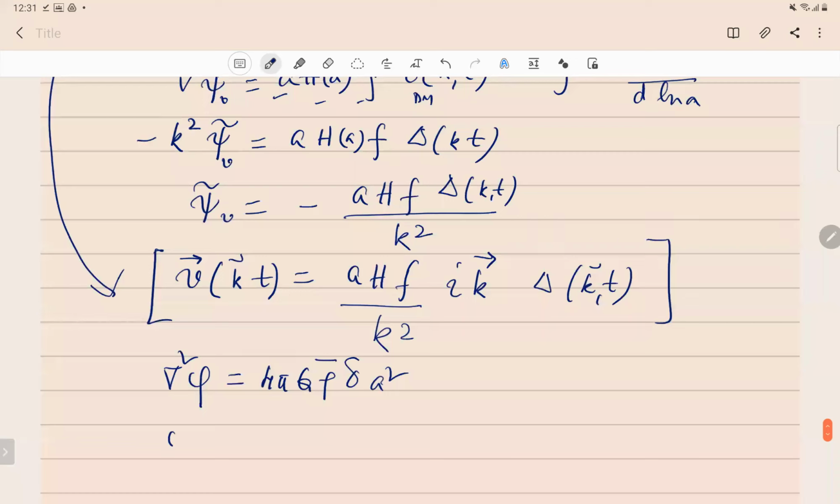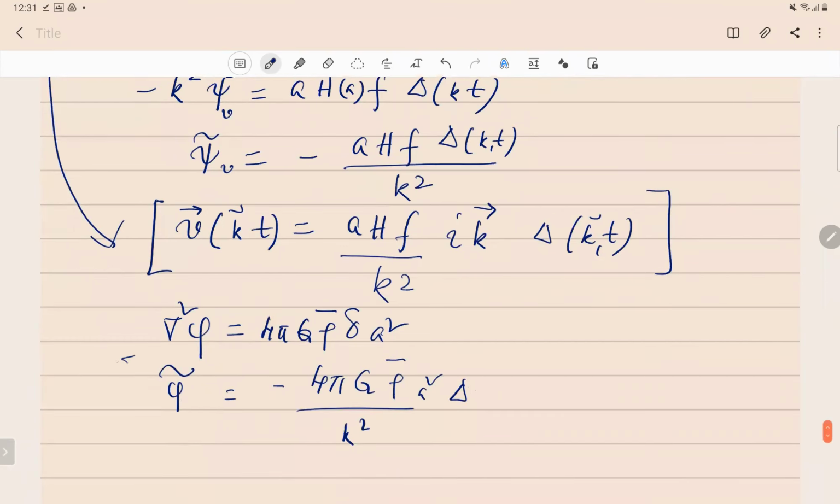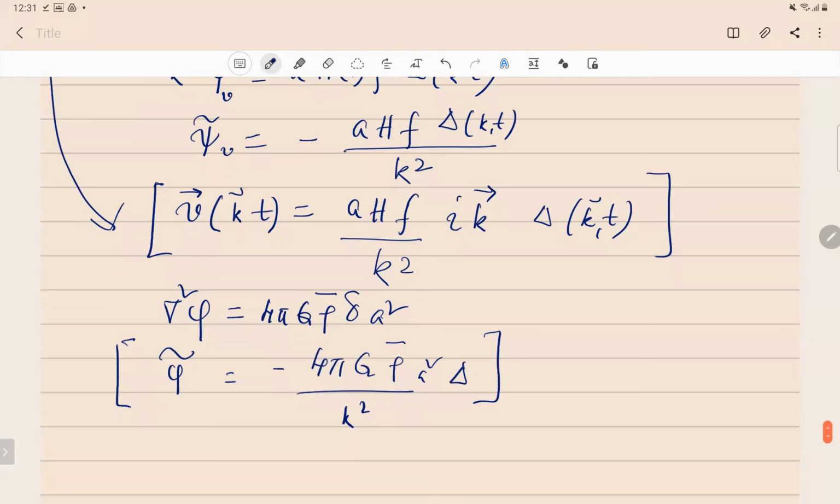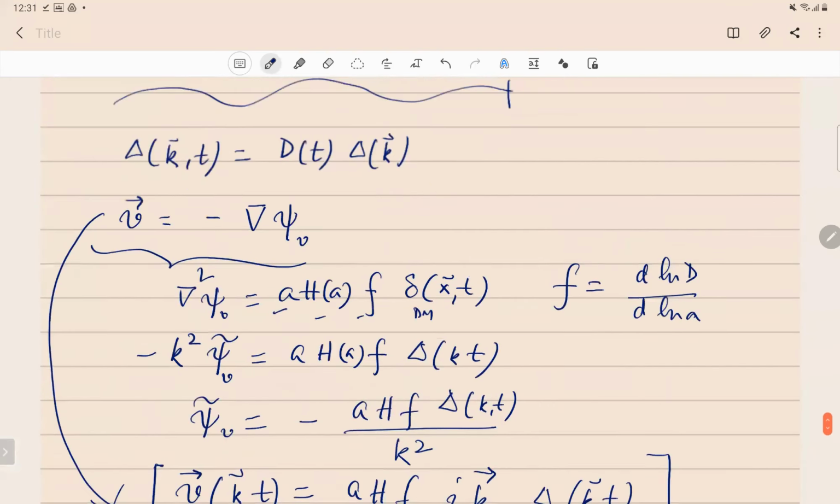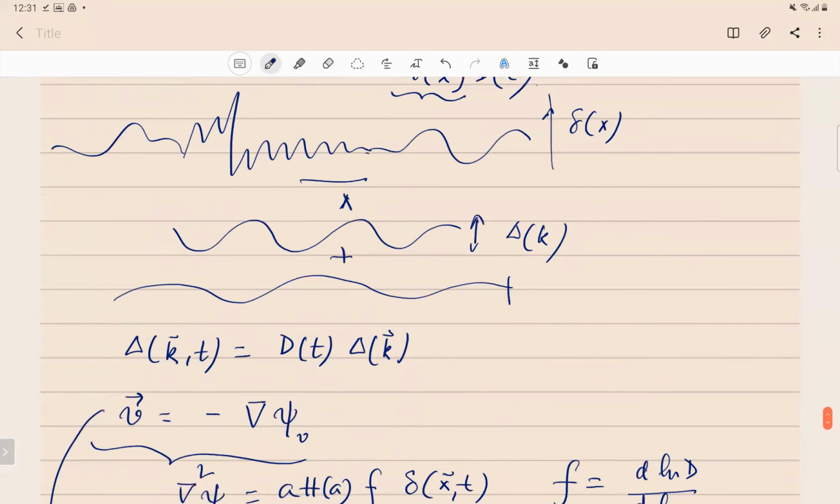So similarly you would have phi tilde, the Fourier transform, as minus 4 pi G rho bar by k square, and you have a squared delta. So these are useful results. We shall be using these later when we go for statistics of the density field.